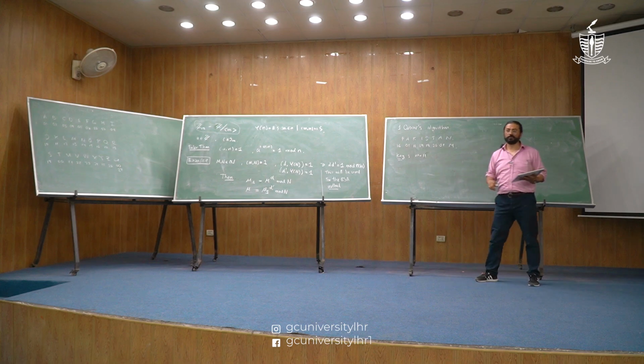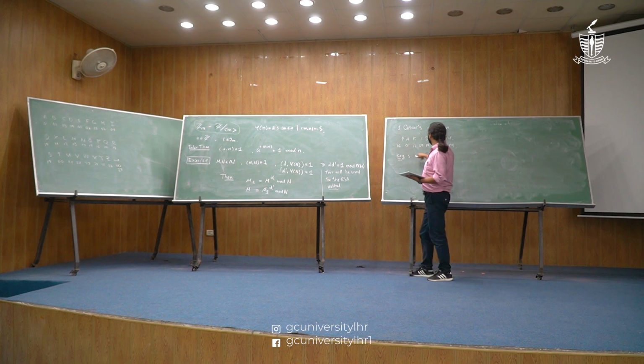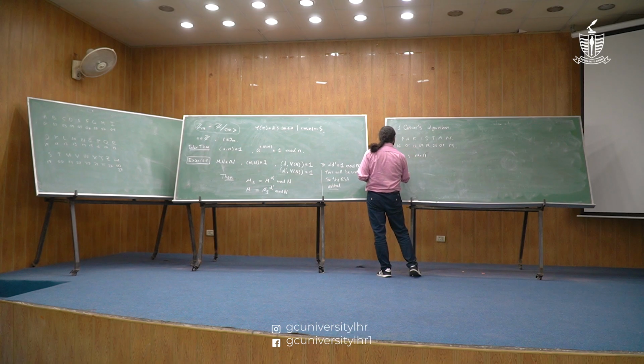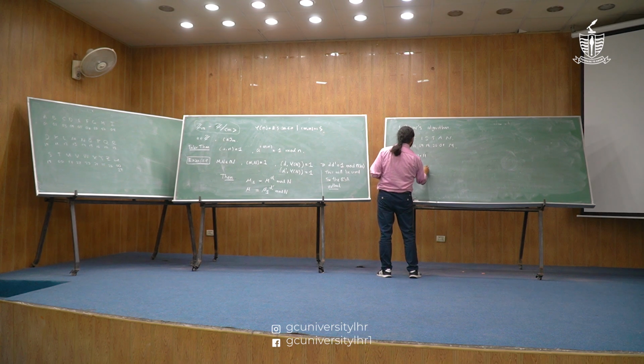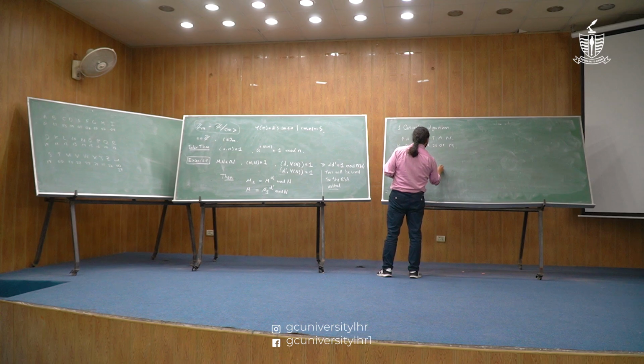So it will be 16 plus 11, it will be 27, 12, 22, 20, 19, 20, 30, 30, 31, 12, and 15.